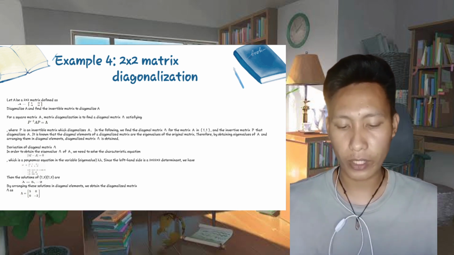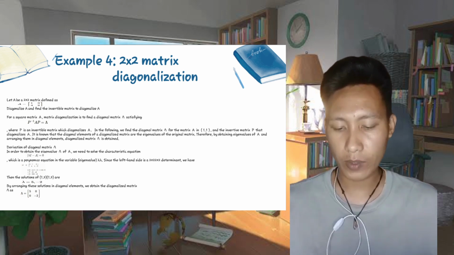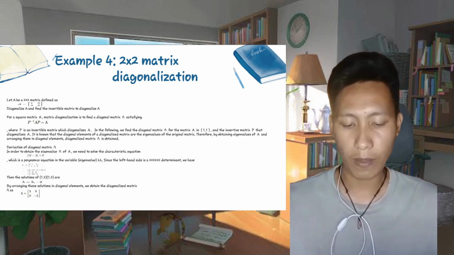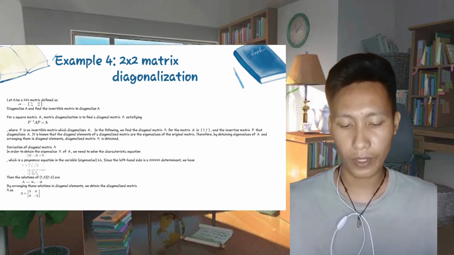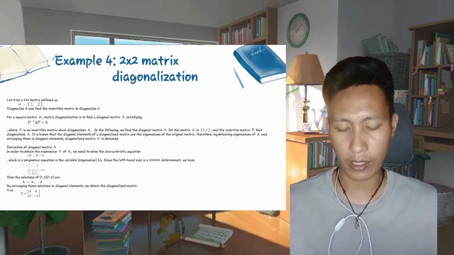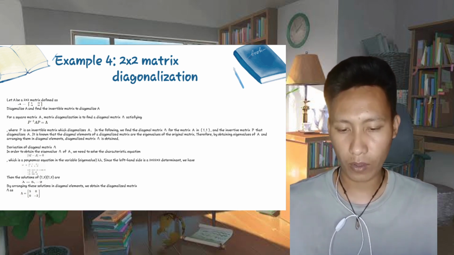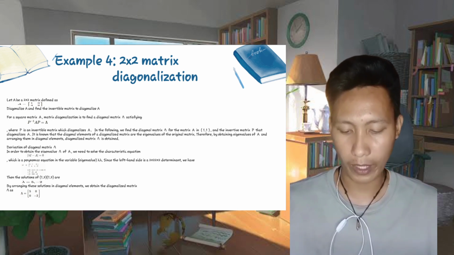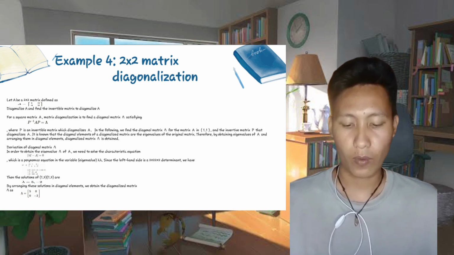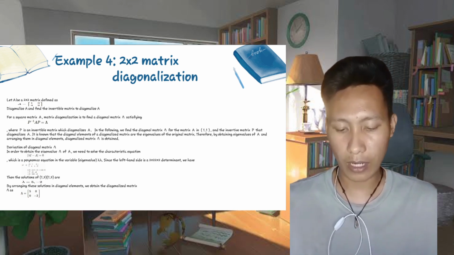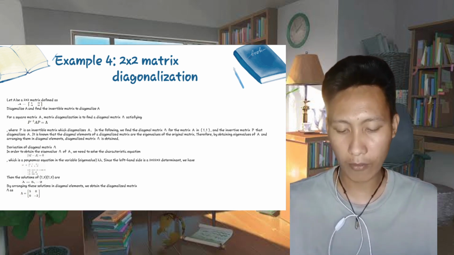Rearranging this equation, we obtain x1 equals negative x2. Therefore, the eigenvector is expressed as x equals x2 times [negative 1, 1], where x2 is an arbitrary value.